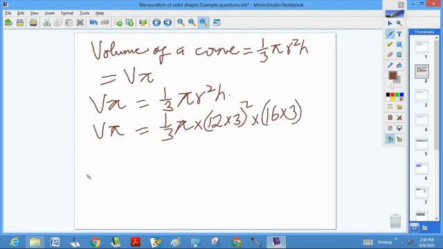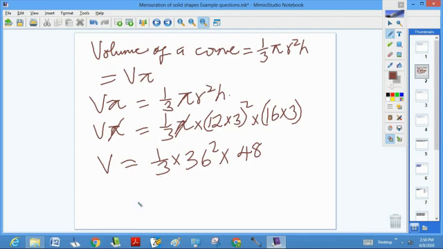Pi will cancel out pi on both sides. We now have v is equal to 1/3 times 36 squared times 48. That is 16 times 3, 48.